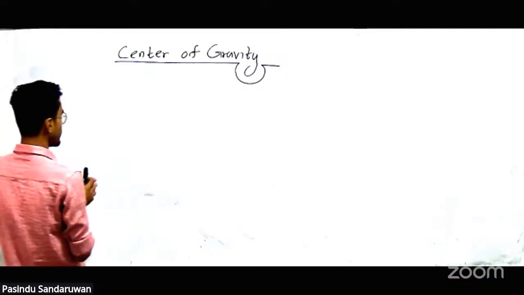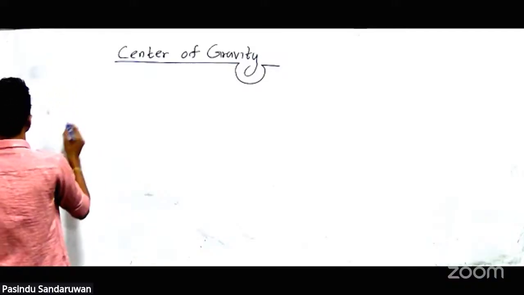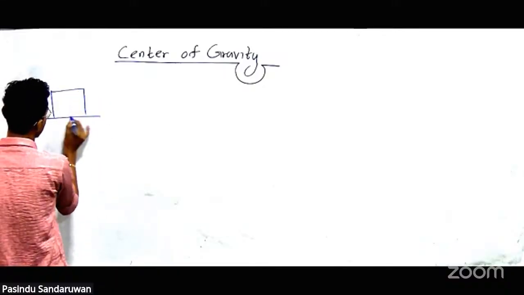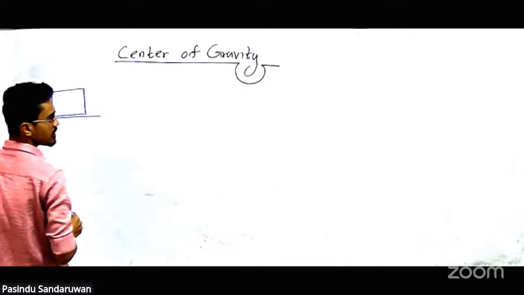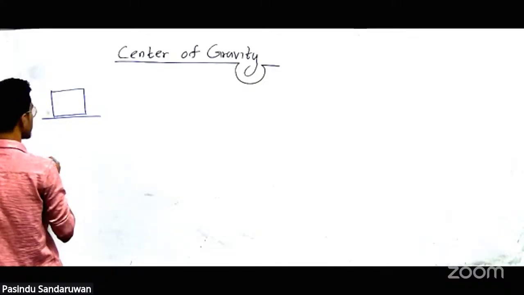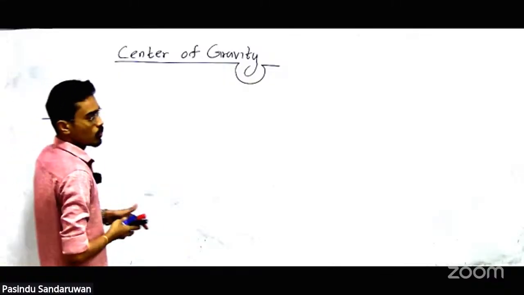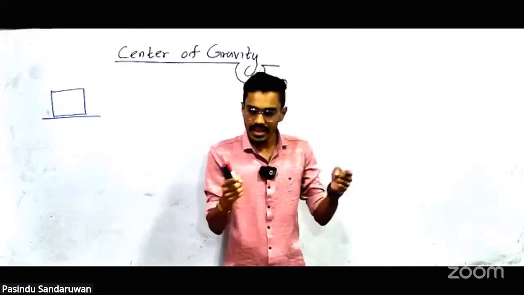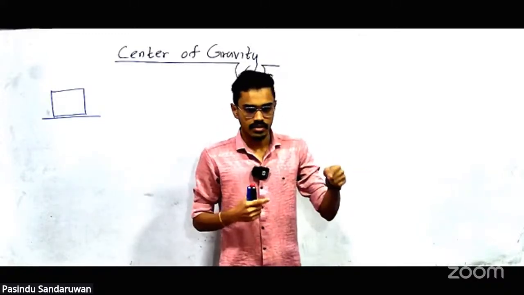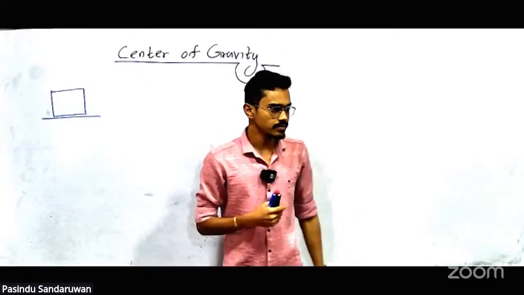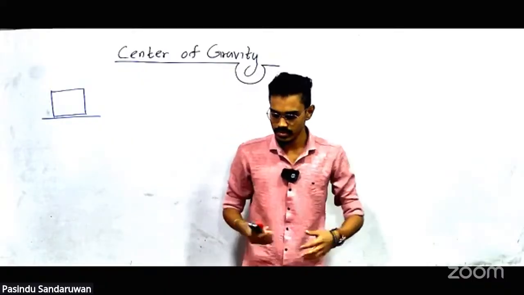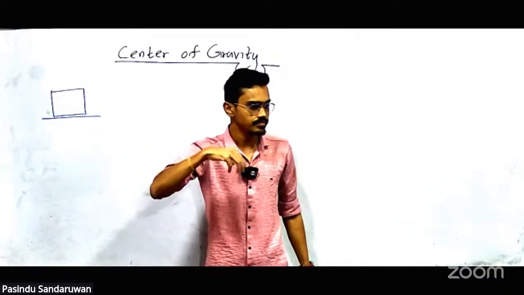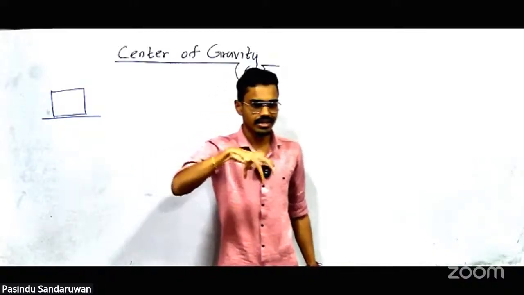Look here. Say this object is kept on a table. When the object is kept, there is an area bound by the contacting points of the object. If this is a box, there are four points at the bottom contacting the table.